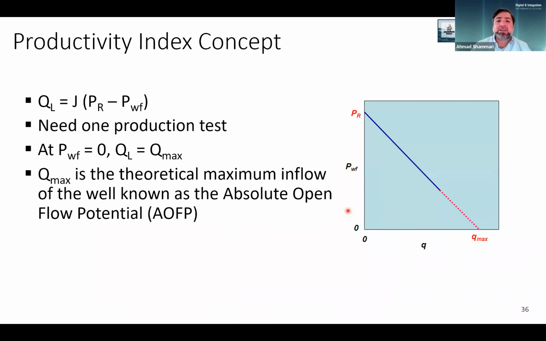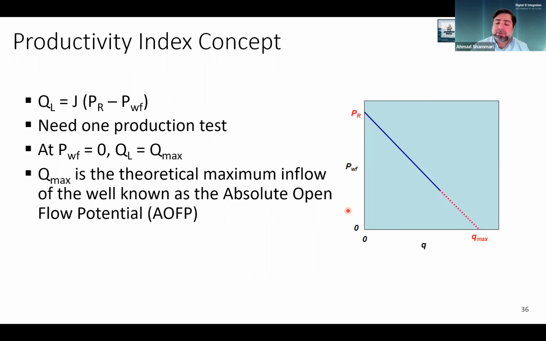As I said, productivity index can be looked at from two angles. It can be measured, and we can use it to basically find the number, the productivity index.